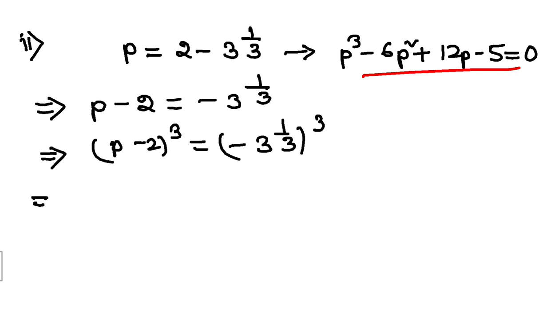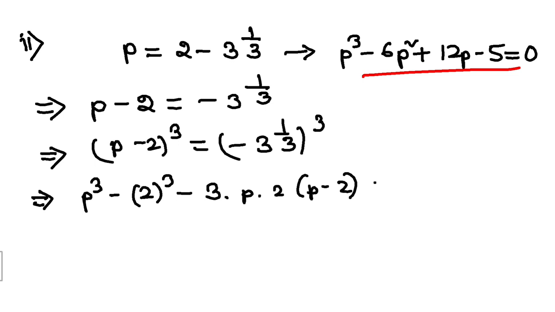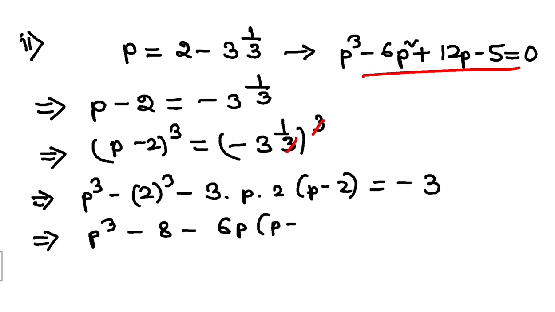So now here we will use a minus b whole cube, a cube minus b cube minus 3ab into a minus b. The cube and the 3 cancel, I'll be left with minus 3. This means p cube minus 8 minus 6p into p minus 2 is equal to minus 3.